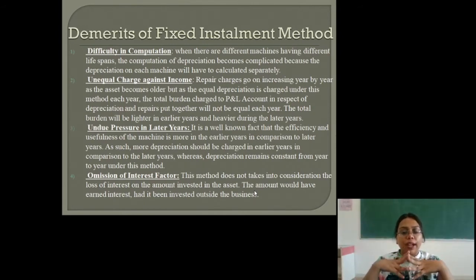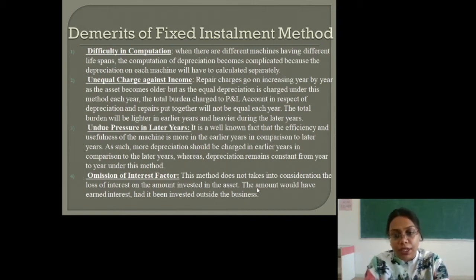Omission of interest factor. This method does not take into consideration the loss of interest on the amount invested in the asset. The amount would have earned interest had it been invested outside the business.